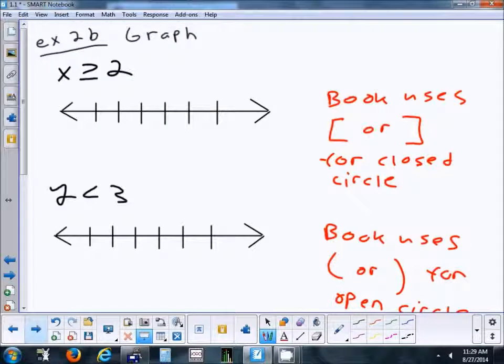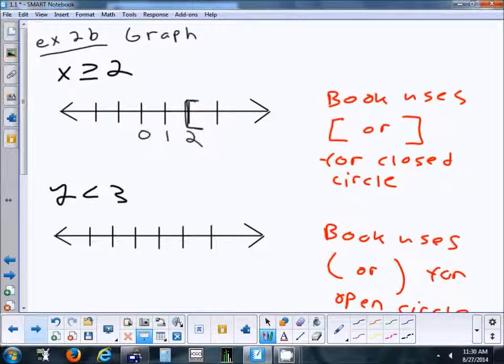So, if we were going to graph x is greater than or equal to 2, you put a bracket on 2. Brackets are used in place of a closed circle. This requires you to be a little bit more intelligent because you have to pick which way the bracket needs to face.